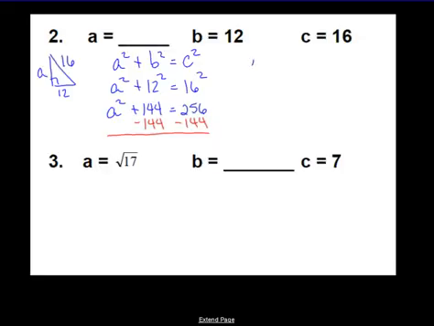I now have A squared is equal to 112. I now have to take the square root of both sides, the square root of A squared and the square root of 112. So it tells me that A is equal to the square root of 112. I have to make sure that these things are always simplified.